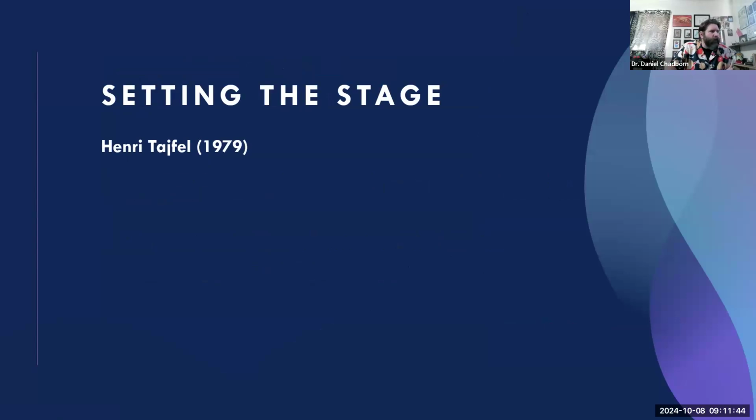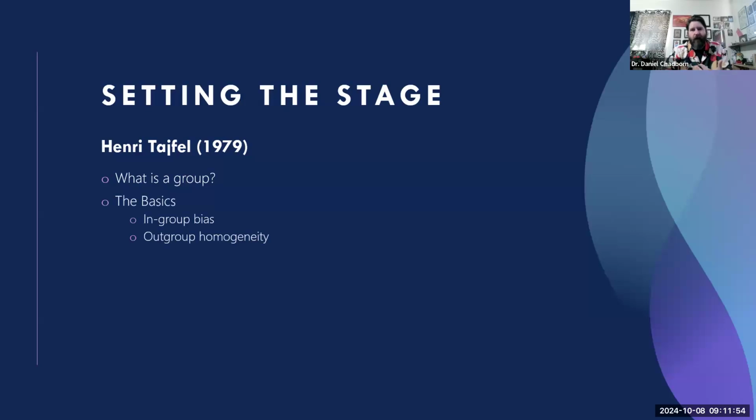Tajfel sets up social identity theory, defining what is a group, and we can say that social identity works in some of the most minimal settings, with groups as small as three people. That's generally what we define a group as.